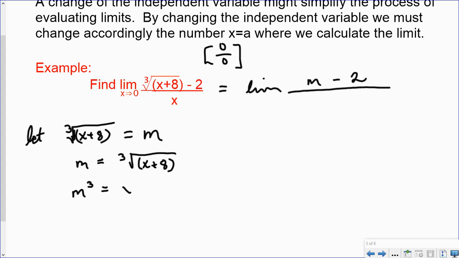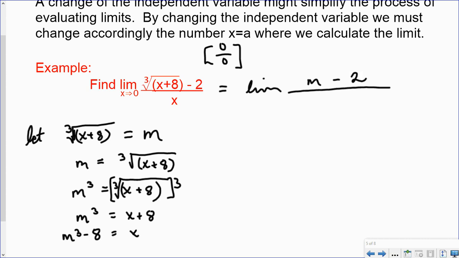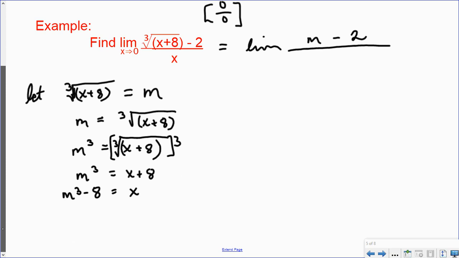That effectively eliminates the root sign, so I'm left with x plus 8, and if I rearrange it a little bit more, I now have an expression for x equals m to the power of 3 minus 8. So I have x in terms of m, and that's good.